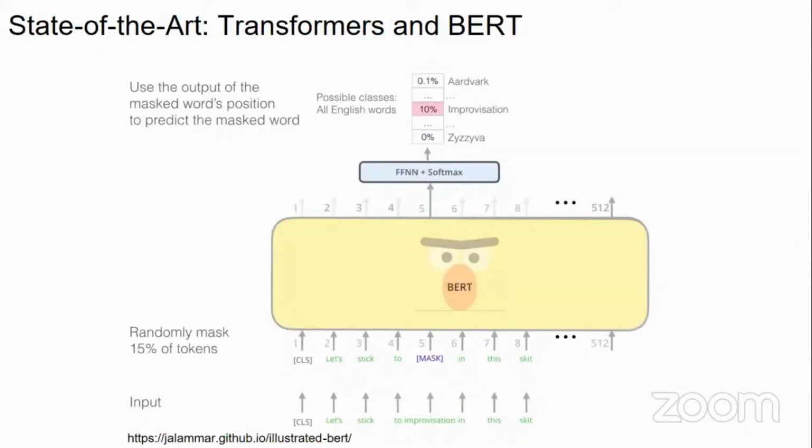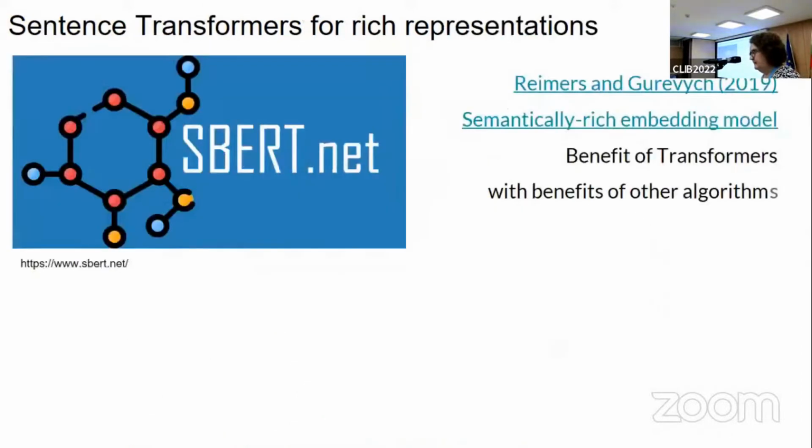So the current state of the art, as I already mentioned, in the domain of fact-checking is based on transformers like BERT. And they are expensive to use, of course. And our group has created an alternative to transformers or BERT, which is called sentence transformers or SBERT.